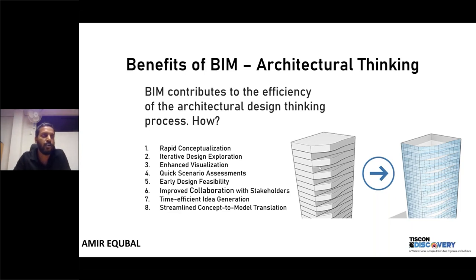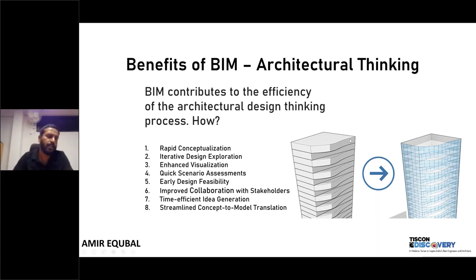You can have a very streamlined concept-to-model approach, like I told you: from your sketch to massing to the final model is a very smooth and systematic way to go to the final model translation. That was about the conceptual stage benefits of BIM and architectural design thinking.